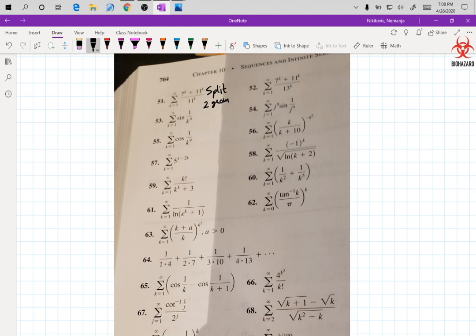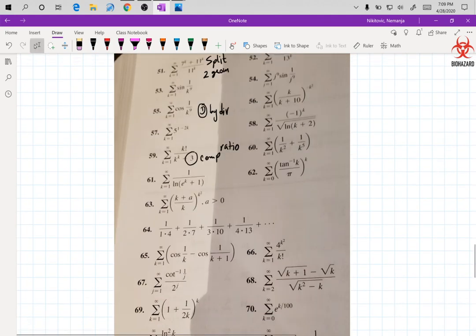The limit of this as k goes to infinity is 1 over infinity is 0, cosine of 0 is 1. This is different than this, which diverges by divergence test immediately, right? For the sign you have to struggle, but for this one it's just dead. Comparison will take this one out, and you will do ratio for the rest.